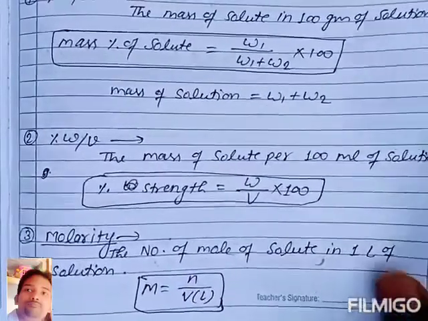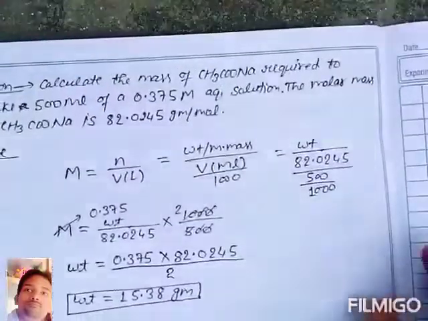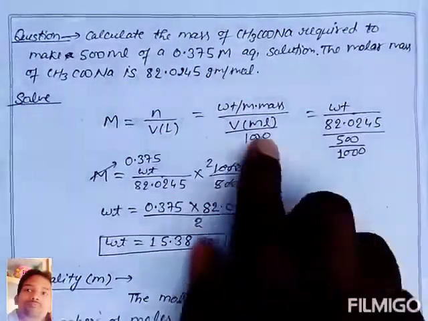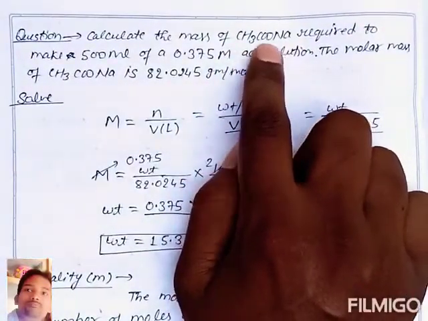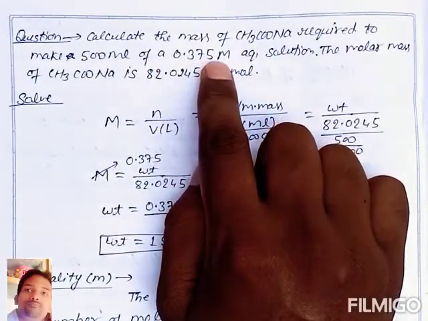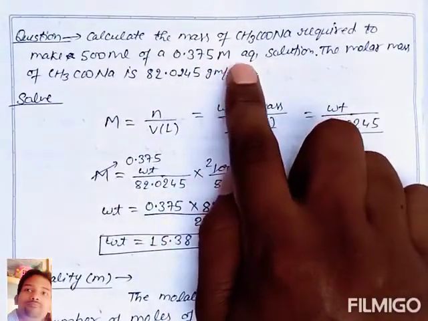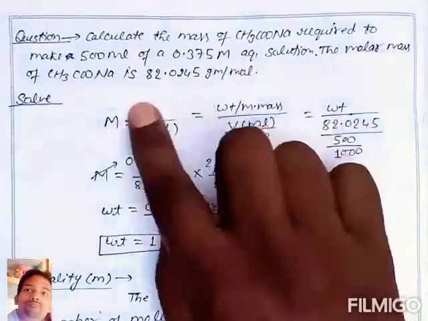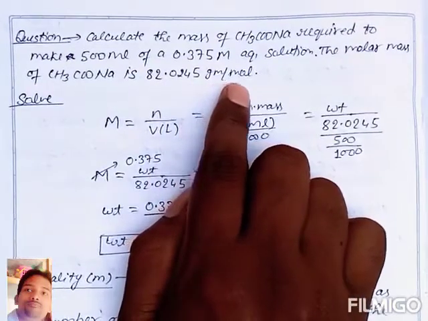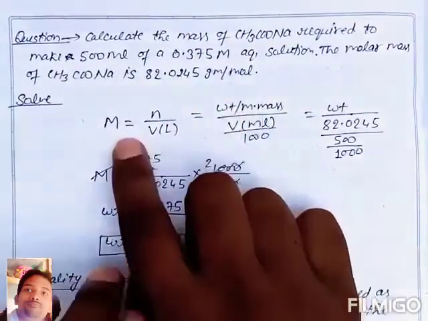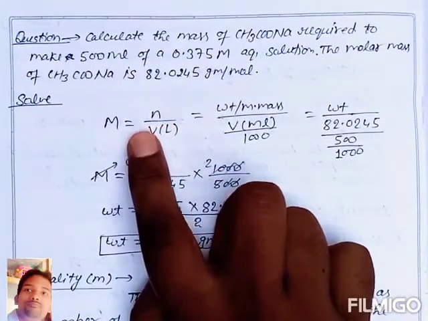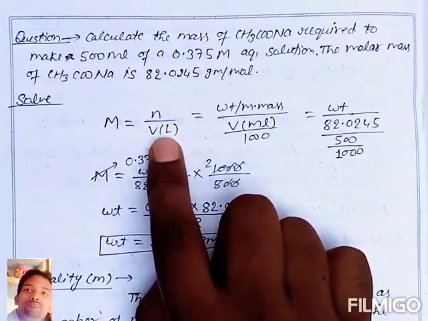Now another one is a question. Calculate the mass of CH3COONa, sodium acetate, required to make 500 ml of a 0.375 molar aqueous solution. The molar mass of CH3COONa is 82.0245 gram per mole. Capital M is equal to moles divided by volume. This is the formula.